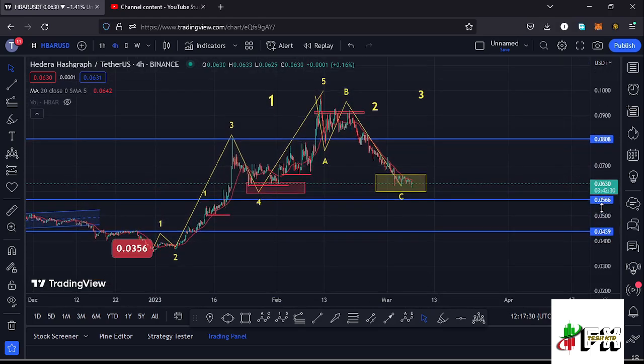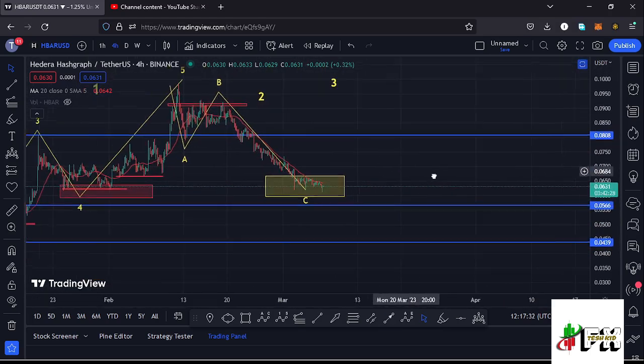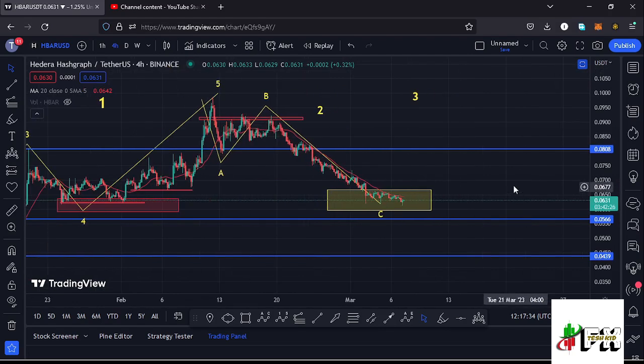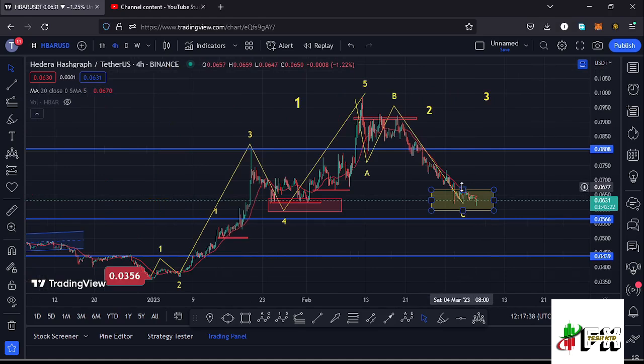But in case the breakdown continues, since we are trading below the 20-day MA here on the 4-hour chart, which is also acting as resistance, then we need to have a new target area in case the breakdown continues and we also lose the fib level 0.618 over here.